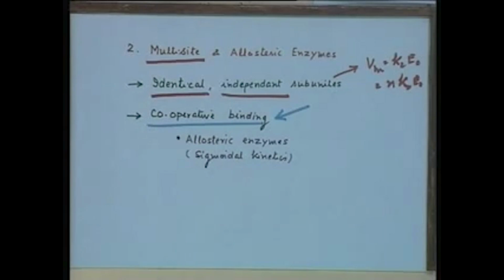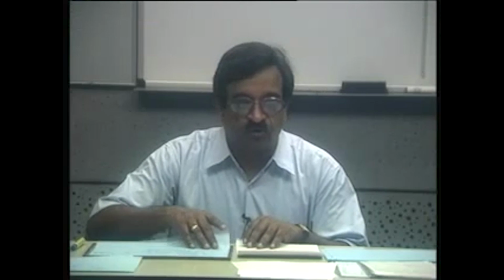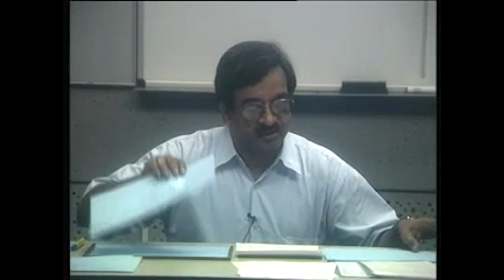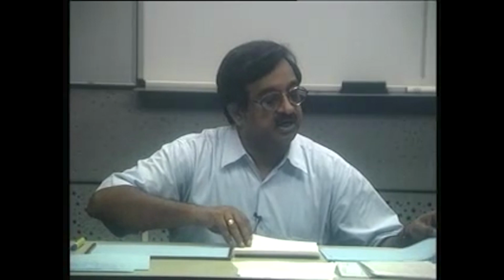By allosteric manner I mean that the substrate binding process in the case of those enzymes is cooperative in nature, and essentially then they do not exhibit the typical hyperbolic kinetics, rather they exhibit sigmoidal kinetics.